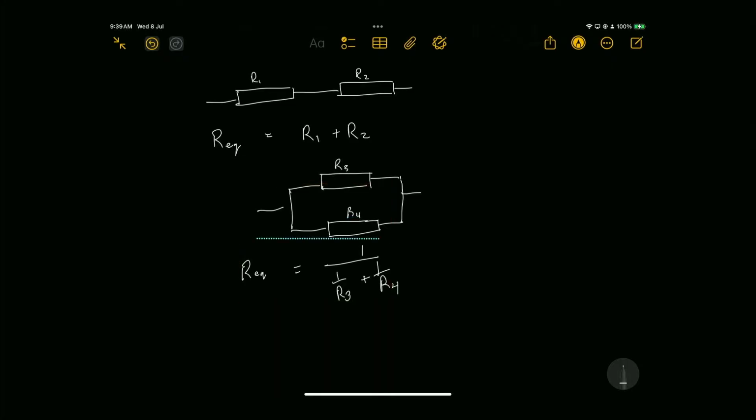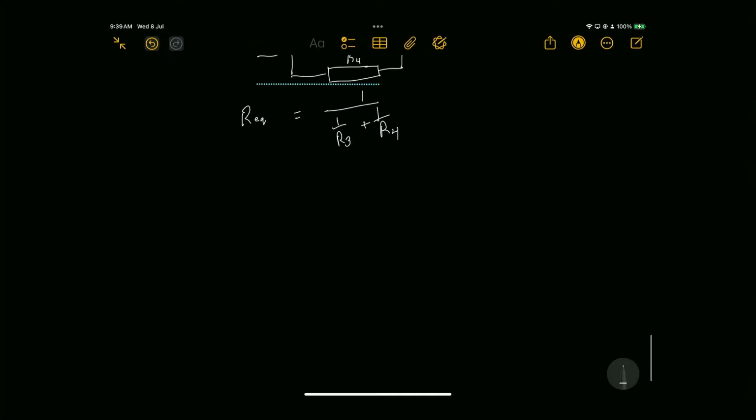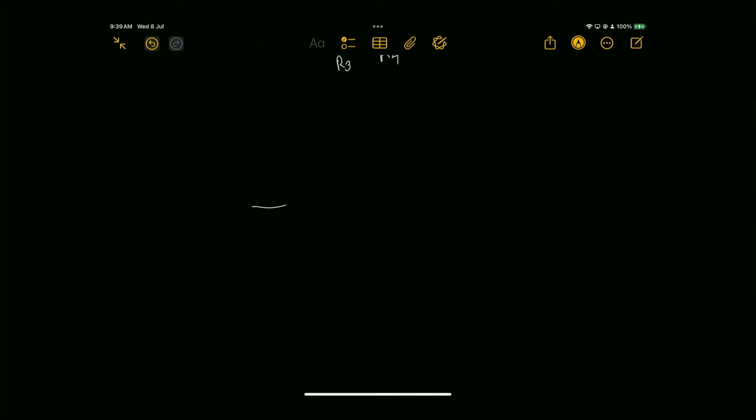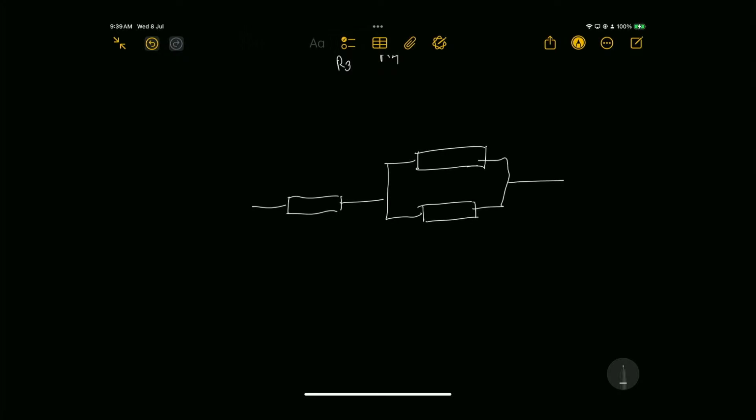Right. So let's say we had a circuit like this. This is a 2 ohm resistor, this is a 3 ohm resistor, and this is a 4 ohm resistor.